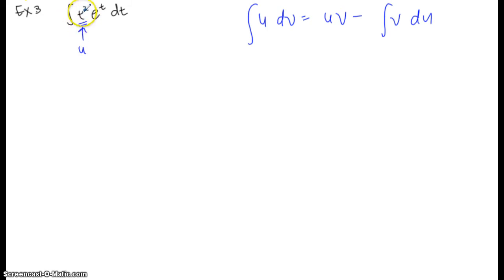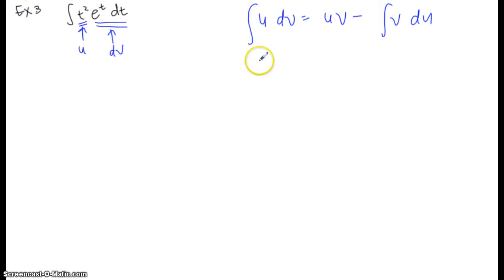I'm probably going to have to do it again because I want it to simplify some more, to just a constant of 2. Anyways, I'll show you. So e to the t dt I'm going to set equal to dv so that I have it exactly parallel to u dv.